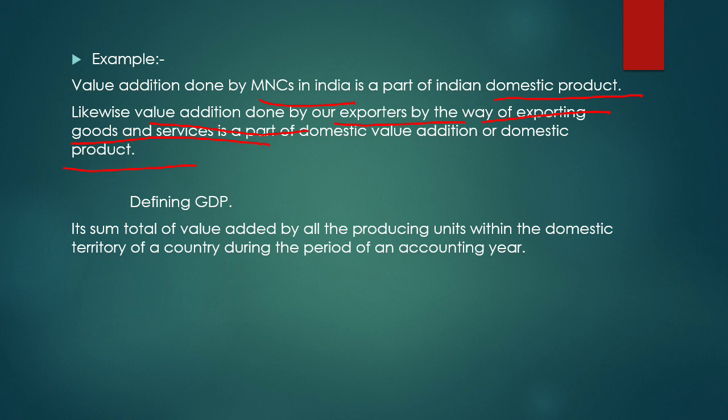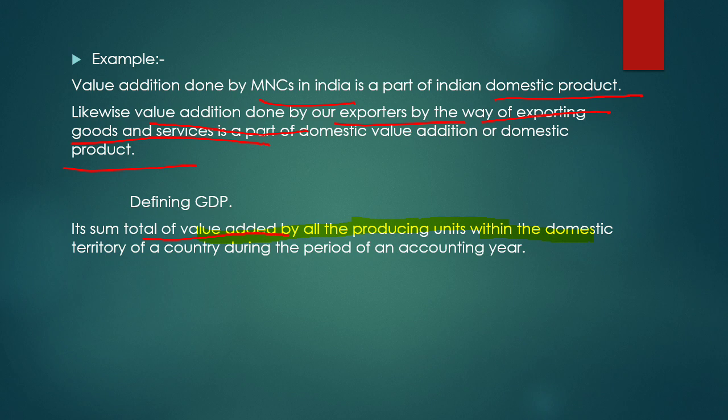Now, if we talk about the definition of GDP, how can we define GDP? It is the total sum of the value added by all producing units within the domestic territory of the country during an accounting year. It doesn't matter who is producing that commodity. If it is produced in our domestic territory, it will be considered part of our GDP, part of the domestic product.